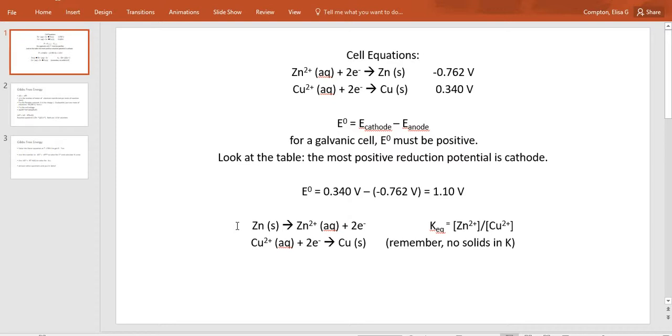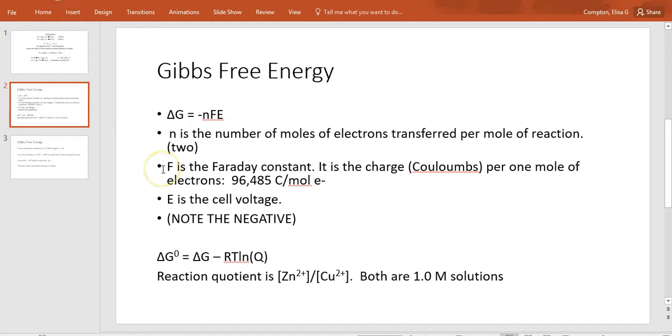So this turns out to be a pretty easy equilibrium constant to write because there are no solids in K. So we just have our product ion, the concentration of zinc 2+, over the reactant ion, the concentration of copper 2+. No solids in the K. So we're going to use these cell potential values that we calculated to start looking at the Gibbs free energy.